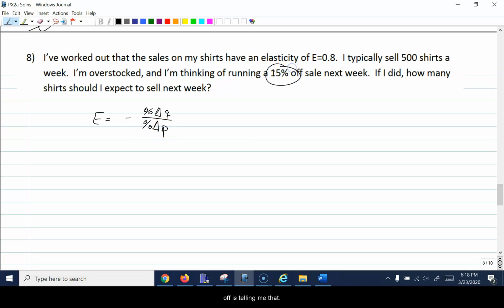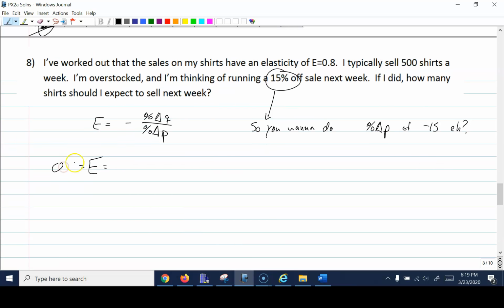That 15% off is a percent change in price of negative 15.